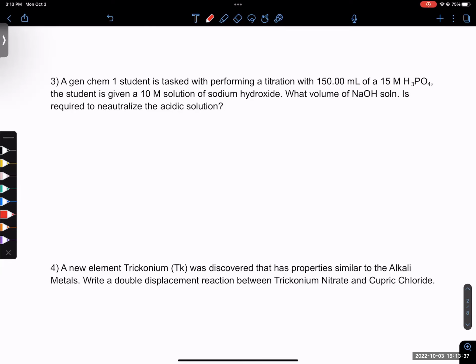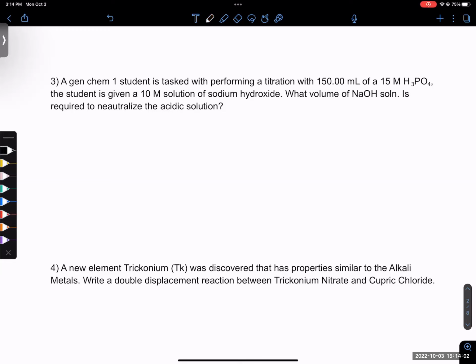We need to know how many protons we have and how many hydroxides we're going to need to neutralize each one, okay? Because neutralizing is just another term for an acid-base reaction when you form water and salt, okay?